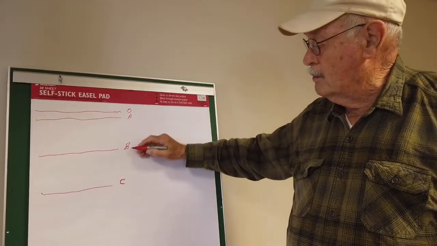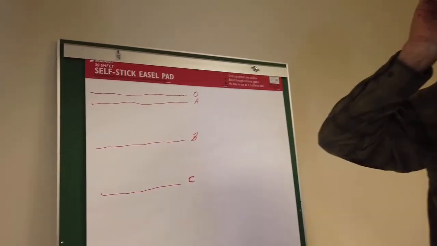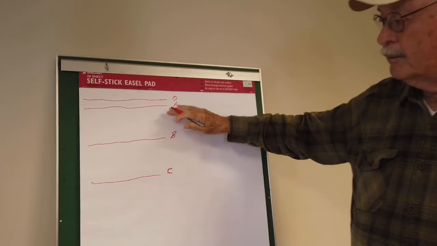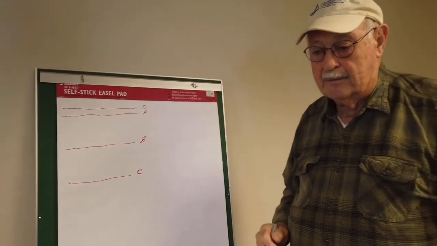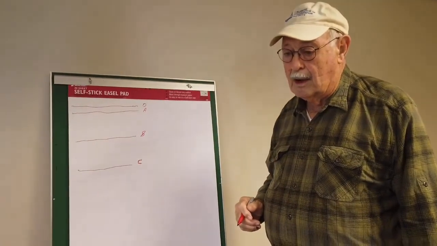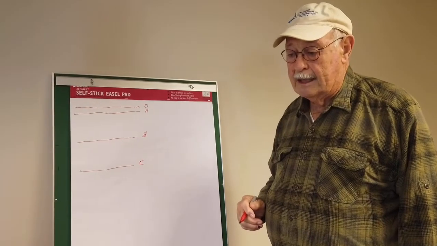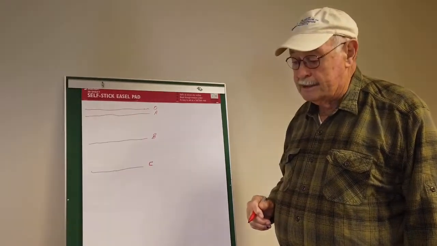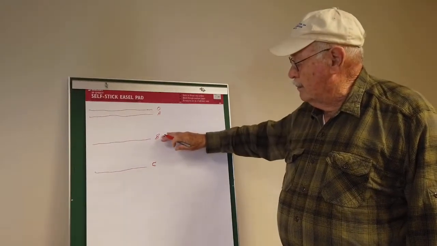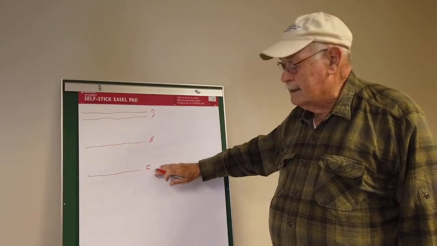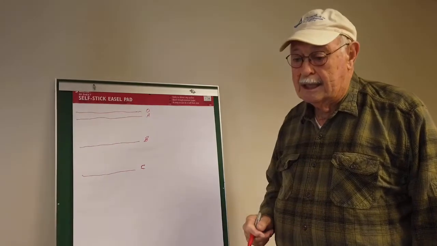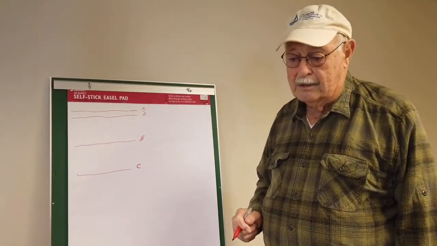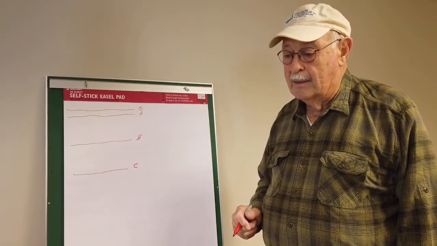All right, let's go on to the B horizon. The B horizon is below the A, and roots can still go down into the B, but usually you've got more clay in the B horizon, a lot more than you would in the A horizon. Once you leave the B horizon, you go down to the C horizon, and when you get down there, you're 48 inches or so deep, and you may hit bedrock.